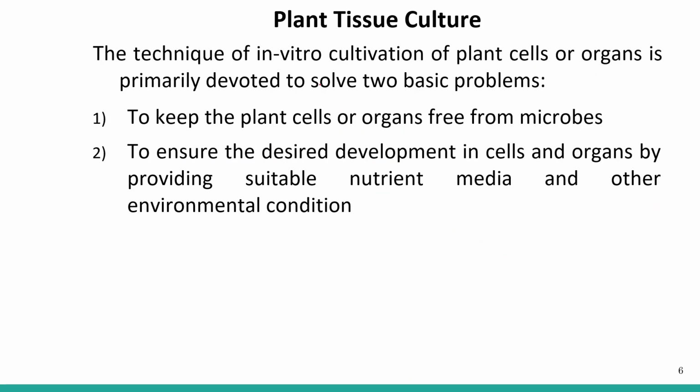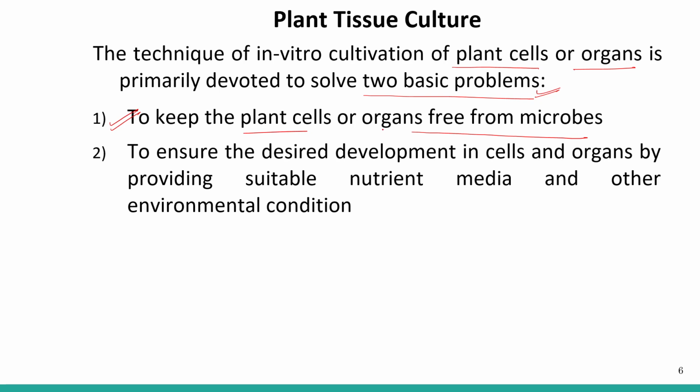The technique of in vitro cultivation of plant cells or organs is primarily devoted to solving two basic problems. So we have two basic problems, and in vitro cultivation of plant cells and organs solves them. How? First, to keep the plant cell or organ free from microbes.